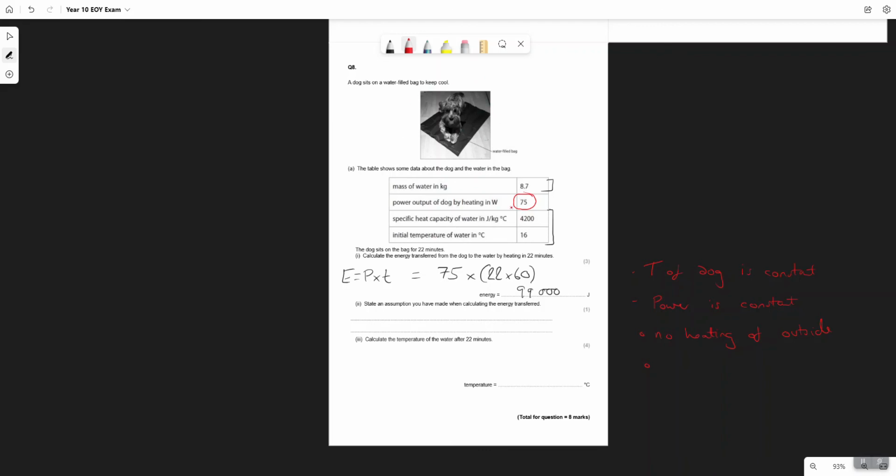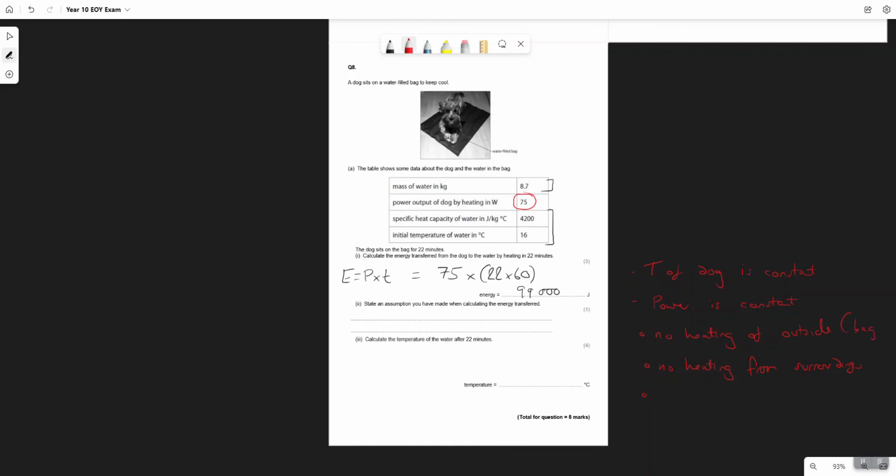We've got to heat the bag, assuming that it has all gone to the water, and no heating from surroundings.